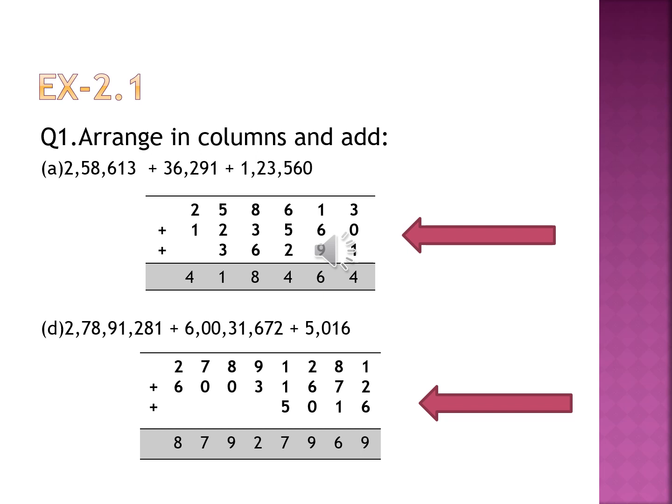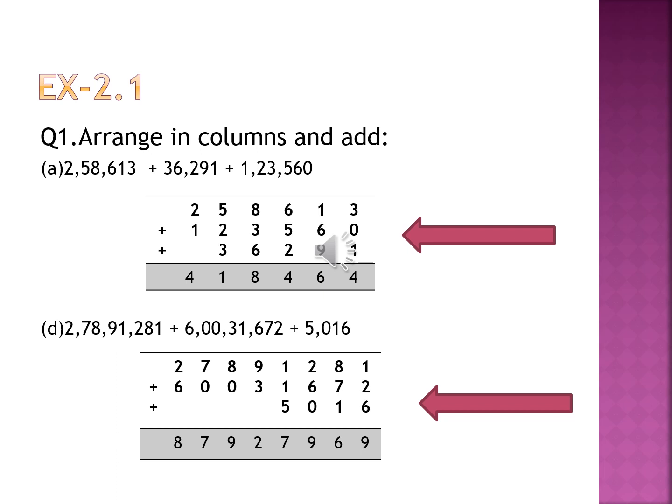And one more thing that you have to be careful about is we start adding from the ones place and move on to the higher places. Like 3 plus 0 plus 1 gives you 4, 1 plus 6 plus 9 gives you 16. So we write 6 and carry 1 to the hundreds place, and so on you can add.